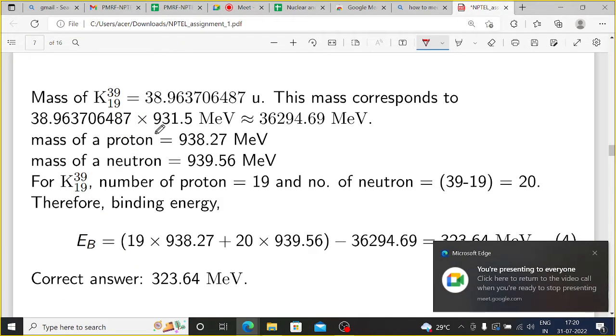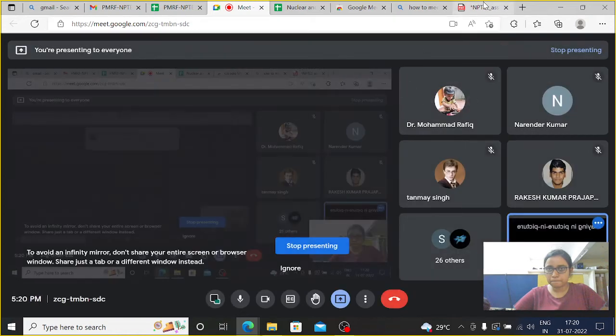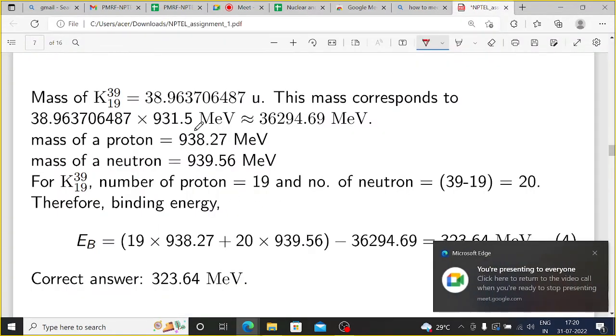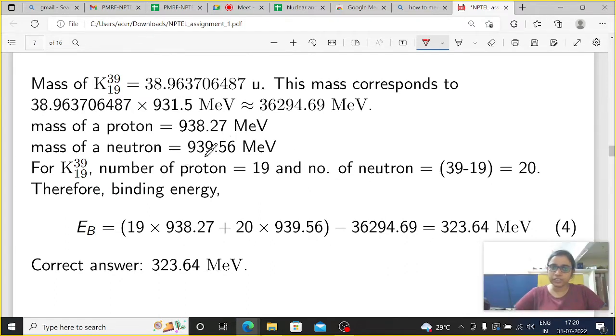Now coming to the mass of proton and mass of neutron. For potassium the number of protons is 19 and the number of neutrons is 20, as I already told in the previous slide.